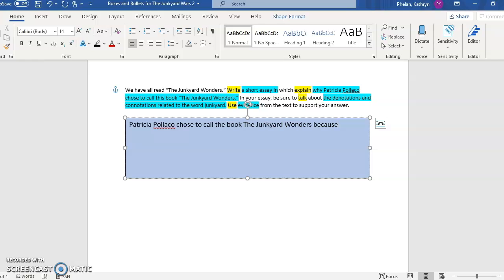Now I'm going to think to myself, why did she choose to call it that? I think that Patricia Polacco chose to call it The Junkyard Wonders because all of these students have been thrown away or discarded, which is another way to say thrown away by society.